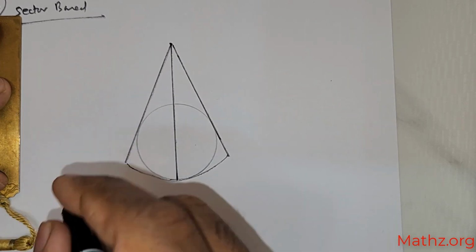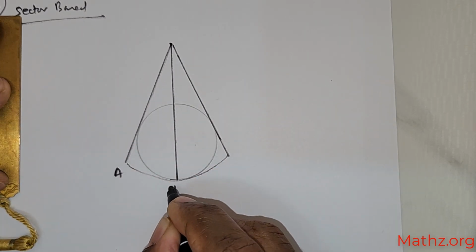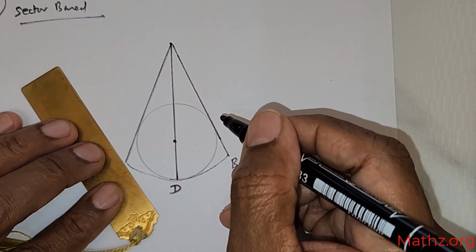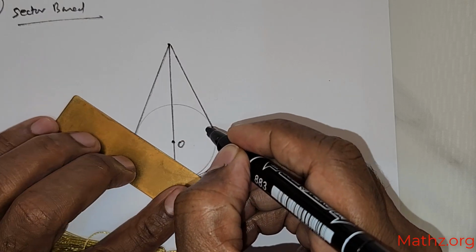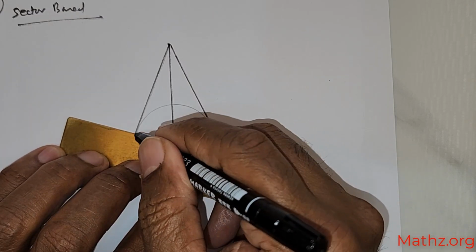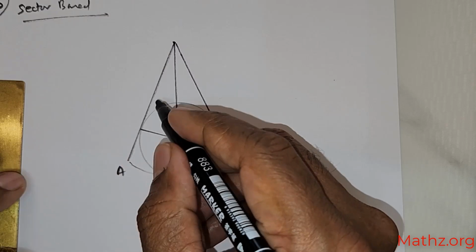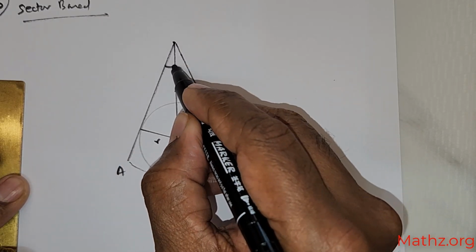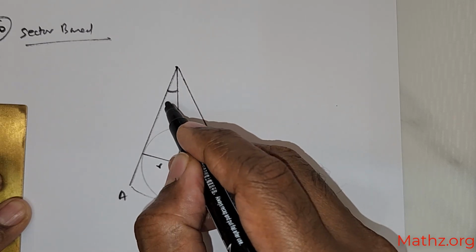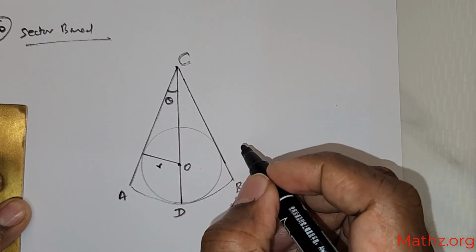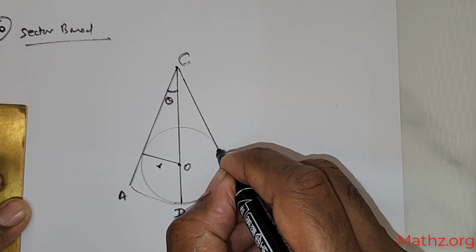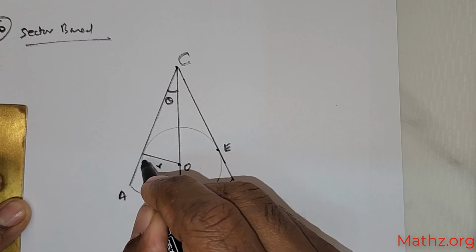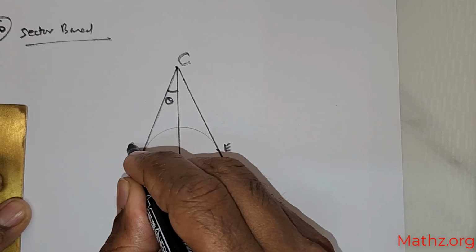Okay, figure is not to scale. So this point is A, D, B. Now this is the center O. So this is the radius R, and this is given as theta. This is C. This point is E, and this point is F.